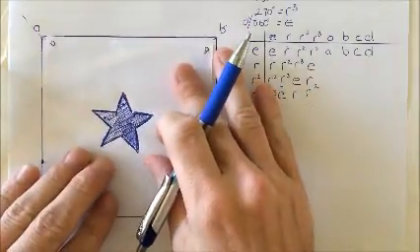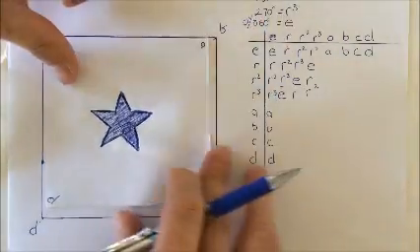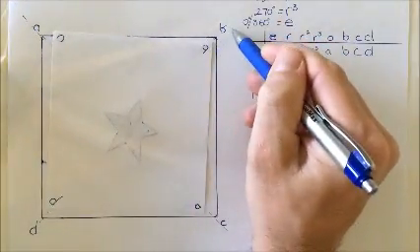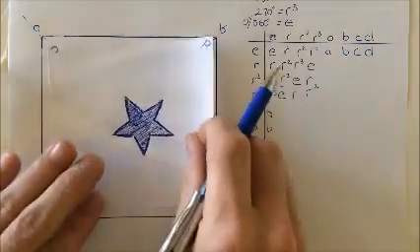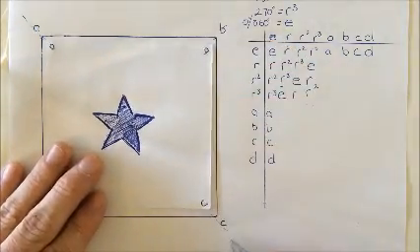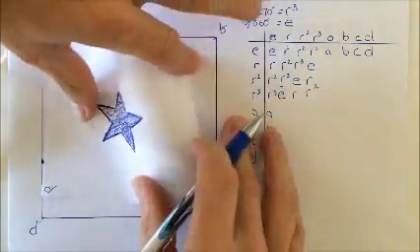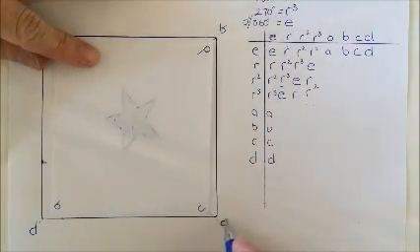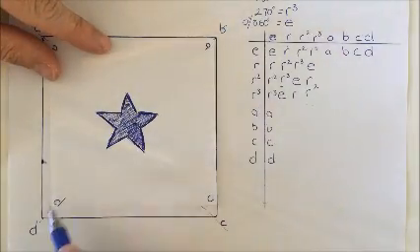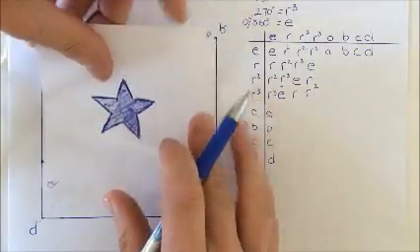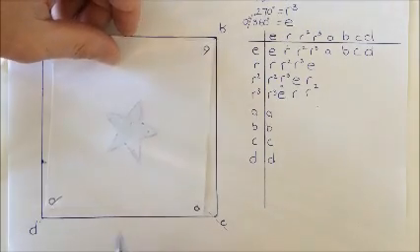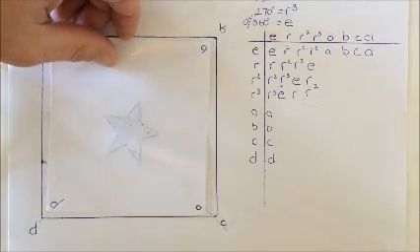A transformation along the B-axis would require us to flip our shape this way and note the value at B. Transformations along the C-axis, if we reset, would involve us rotating along this axis and noting the value at C. And finally, transformations along the D-axis would require us to flip the shape this way, keeping the points D and B solid, and then taking the value at this bottom corner.